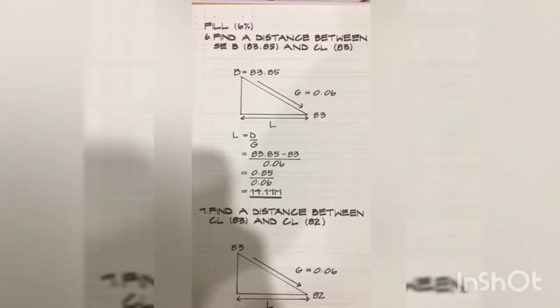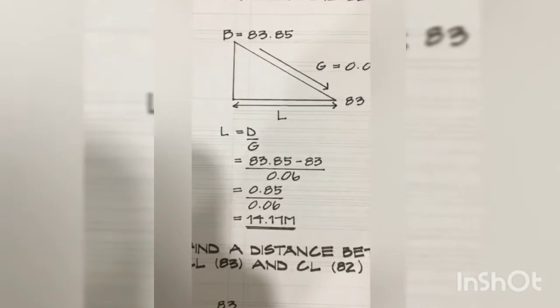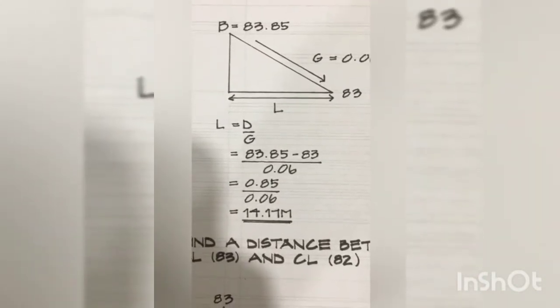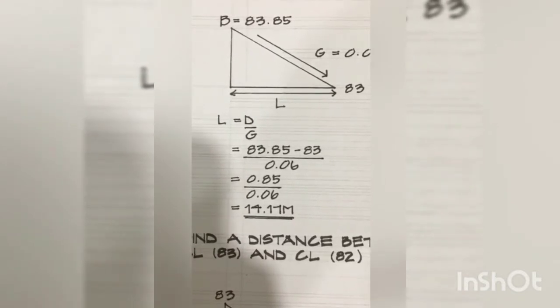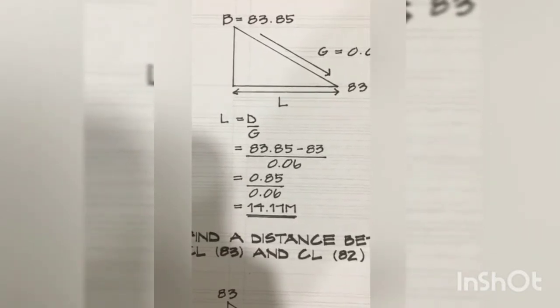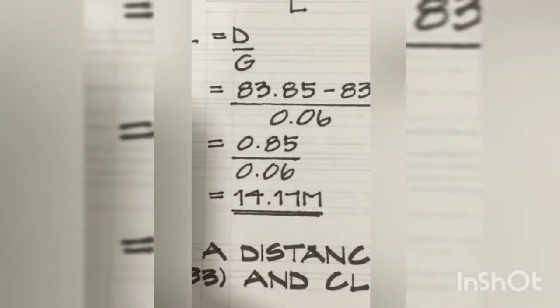Then we use the same formula, where the difference in elevation is 83.85 minus 83, divided by the gradient, which is 0.06, and we will get the answer, which is 14.17 meters.